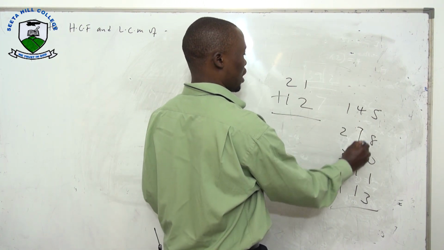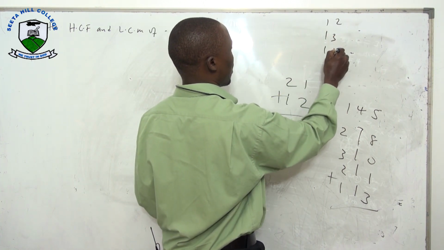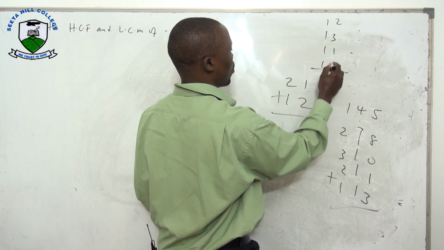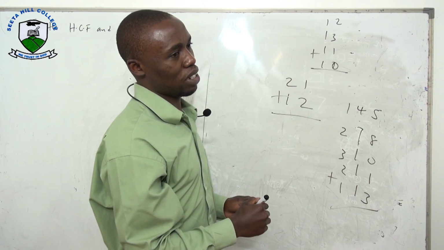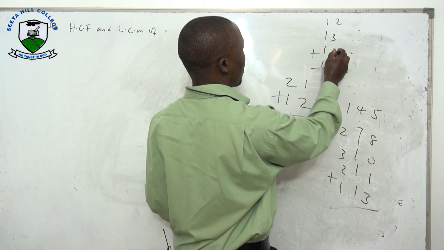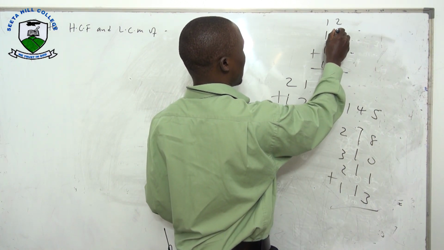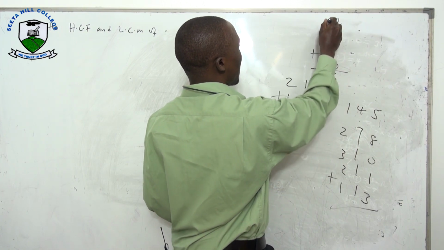See that? 12, 13, 11, 1, 1, 0. If we say add, you'd want to press a calculator. See? 0 plus 1 plus that plus that is 6. You add vertically.